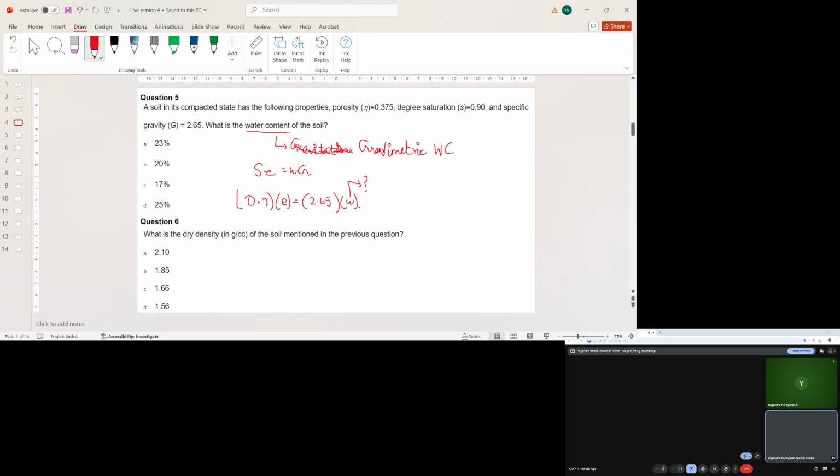Now, for calculation of w, we need the void ratio. But we have the void ratio in terms of porosity, which is 0.375, and that is equal to e by 1 plus e.